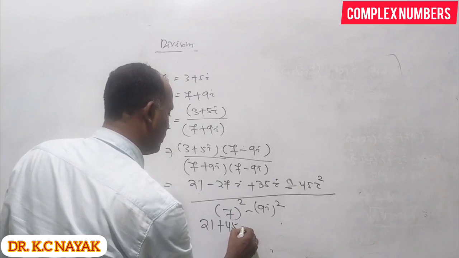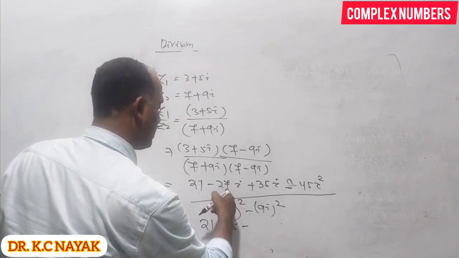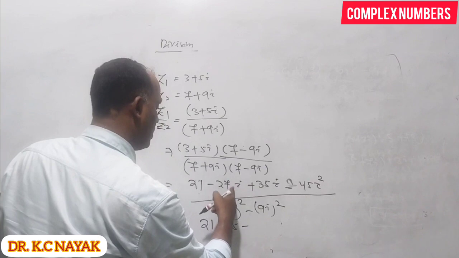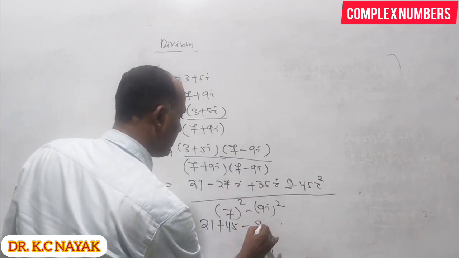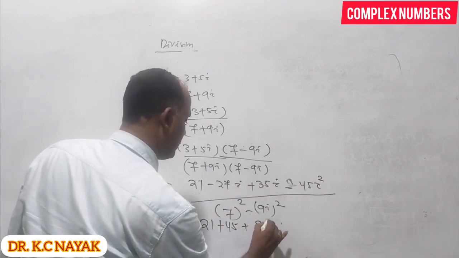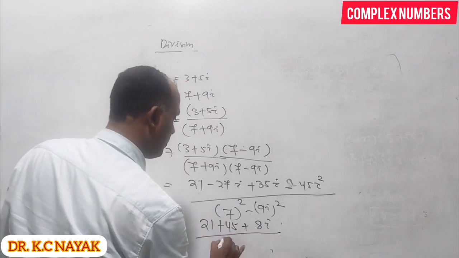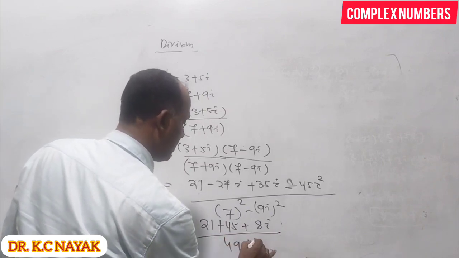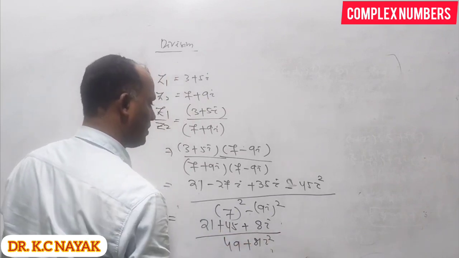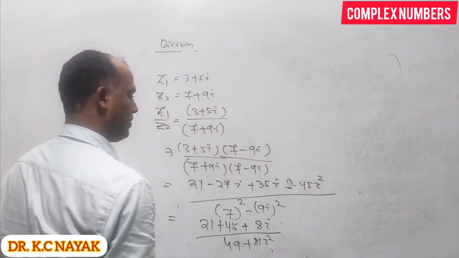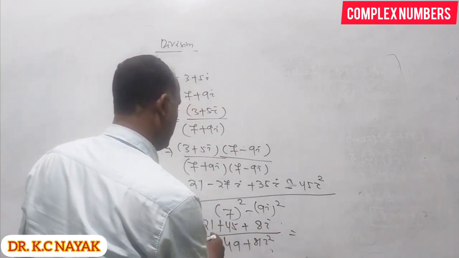That is equal to 66 plus 8i, whole divided by 49 plus 81 i square. Alright, what is that?